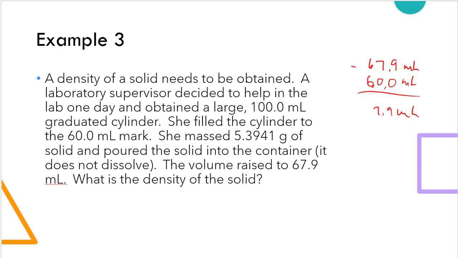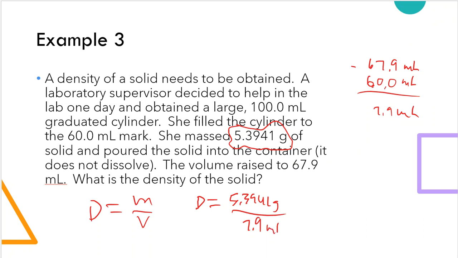Okay, so density equals mass over volume. All right, so density equals what was the mass of the object. It tells you that in the problem. It's right there. So 5.3941 grams divided by, and the amount of space that took up was 7.9 milliliters.